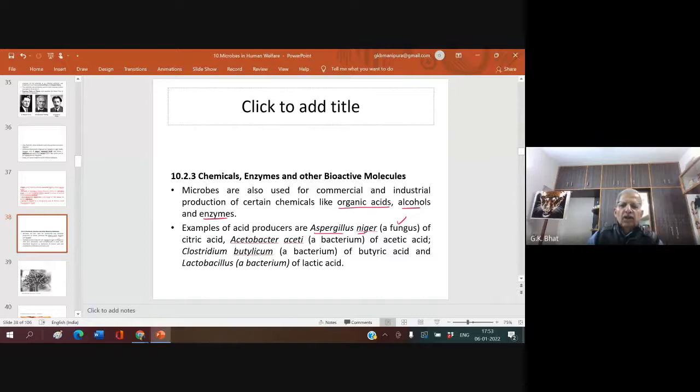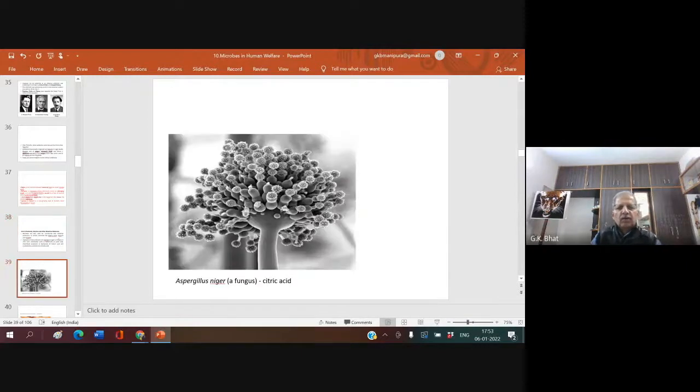Only one example that you remember is Aspergillus niger. It is not a bacterium. It is a fungal member which produces citric acid. Always you must remember this. As you said, yes, it belongs to the class Ascomycetes.